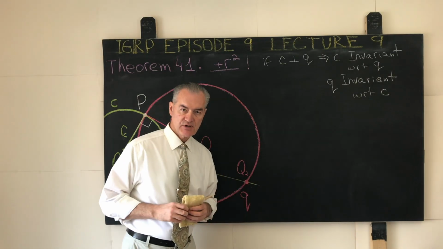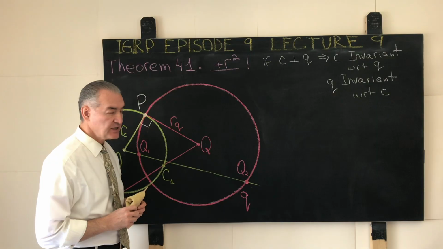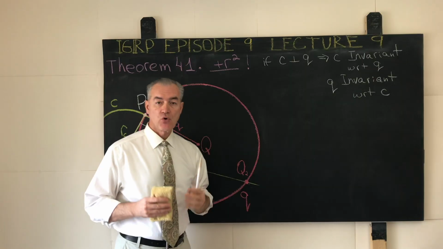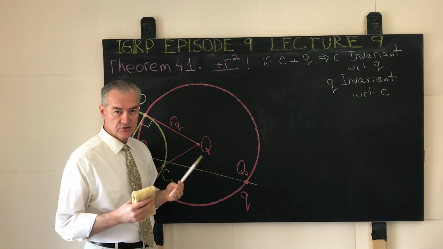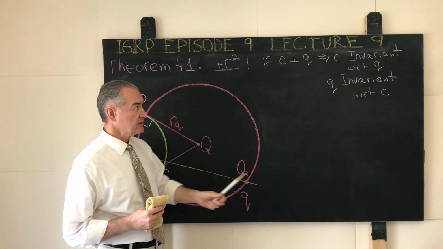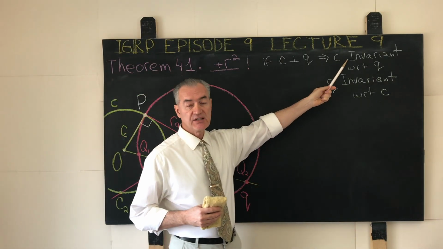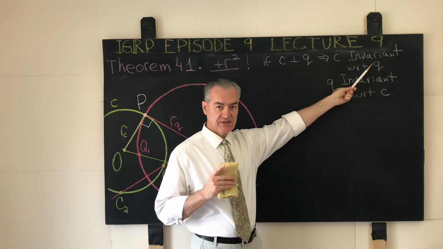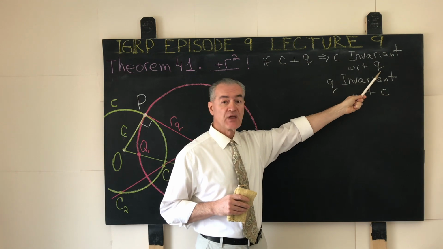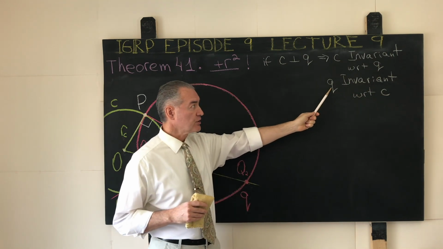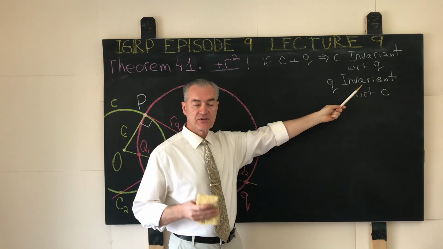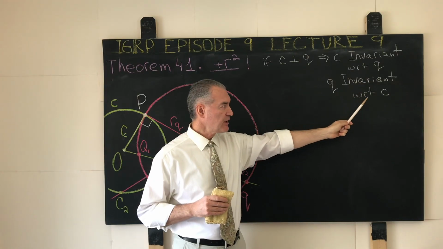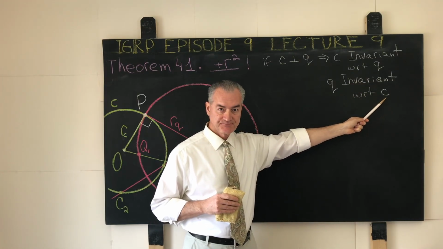As such, the theorem number 41 claims that if two circles C and Q are orthogonal, implying, of course, that the two circles at hand are coplanar, then the circle C is invariant under the inversion of the parent plane with positive power with respect to the circle Q, and the circle Q is invariant under the inversion of the same plane with positive power, but with respect to the circle C.